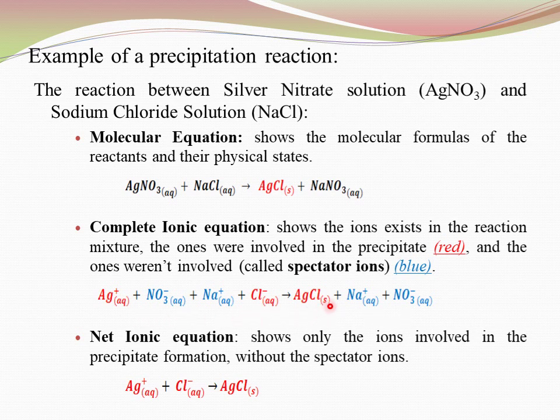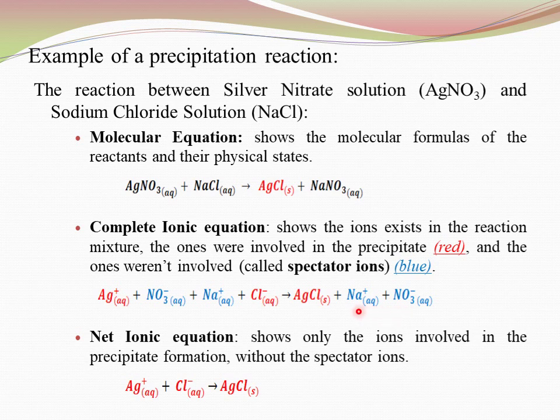The precipitate is AgCl. This is the precipitate, and this is its formula. Now, what are the spectator ions? Again, spectator ions are ions that are not involved in the precipitate, ions that stay in the solution as free ions. So the sodium ion and nitrate ion are spectator ions.